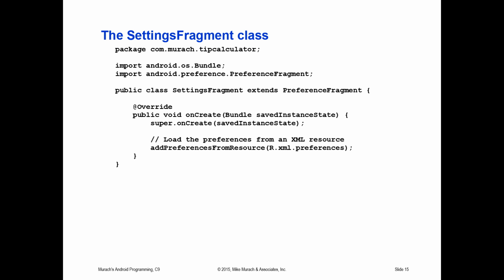Figure 9.6, which is shown on page 271, shows how to create a fragment that displays preferences. The first code example, the one that you see on your screen right here, shows a fragment named SettingsFragment that inherits the PreferenceFragment class. Pretty much the same code as what we saw in the settings fragment in the previous chapter.